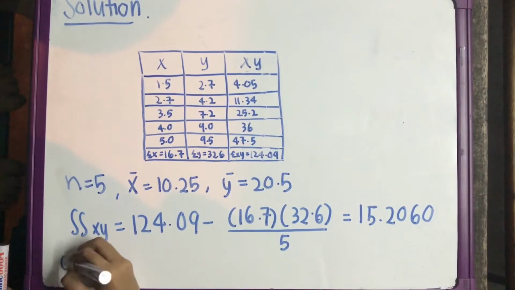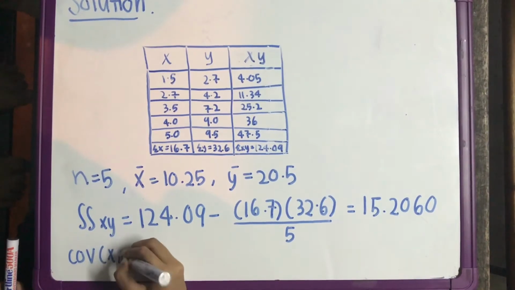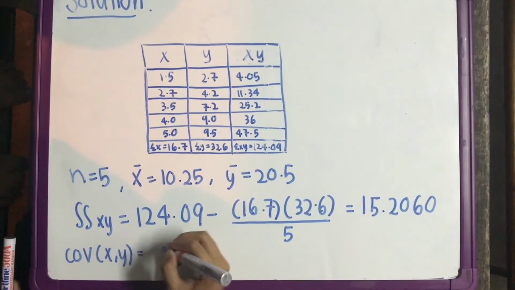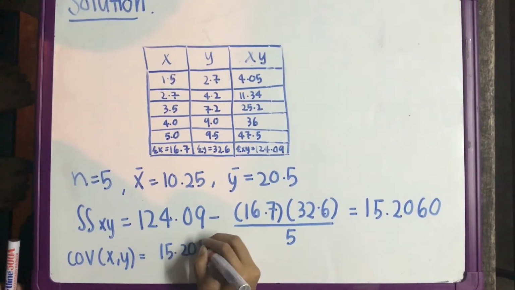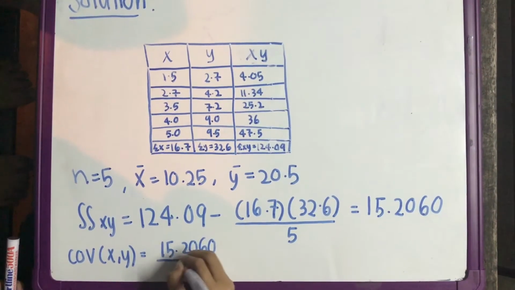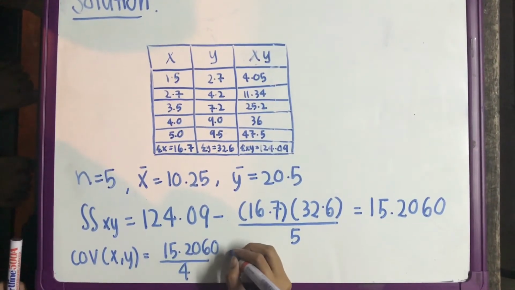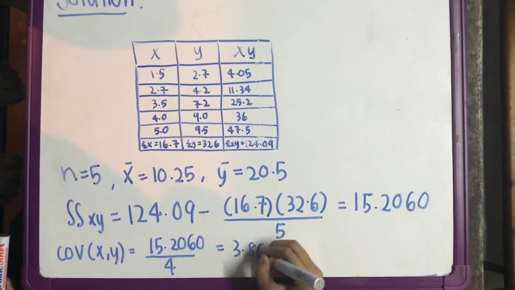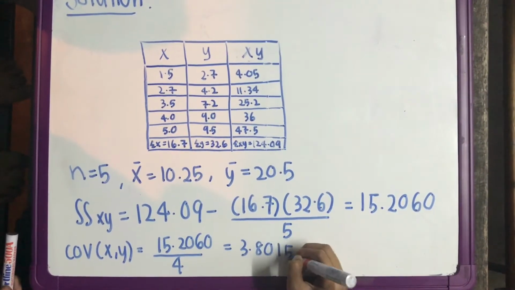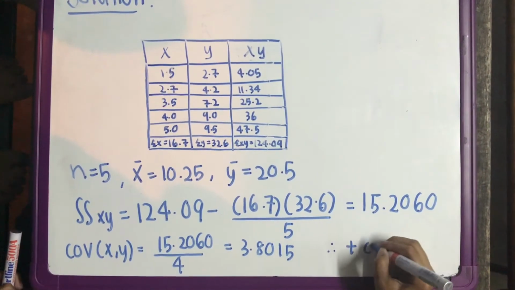Okay, then to find the covariance xy, we must divide SSXY by n minus 1, which is 4, and we will get the answer 3.8015. Okay, this is the solution for this question.